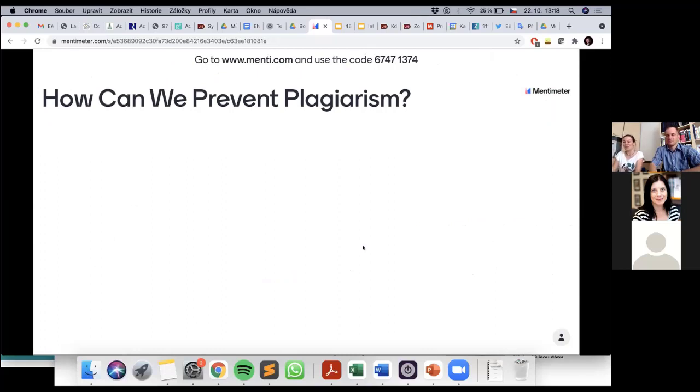Again, we are going to build the word cloud, so please type there your ideas. We have 5 text fields, so you can write either just one thing which would prevent plagiarism, or you can write 5 of them.